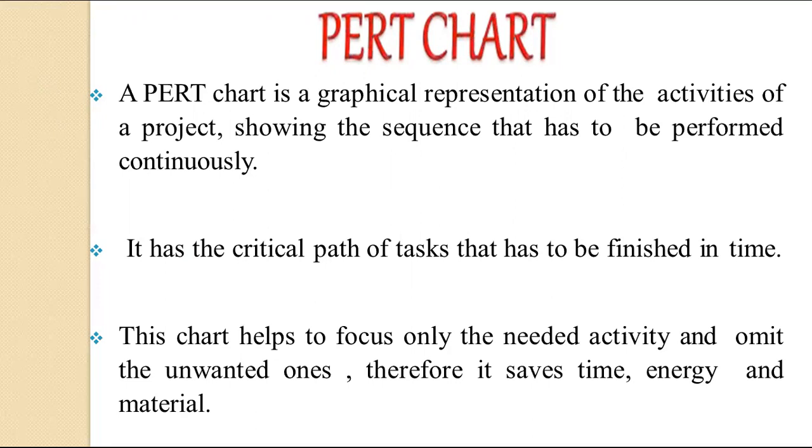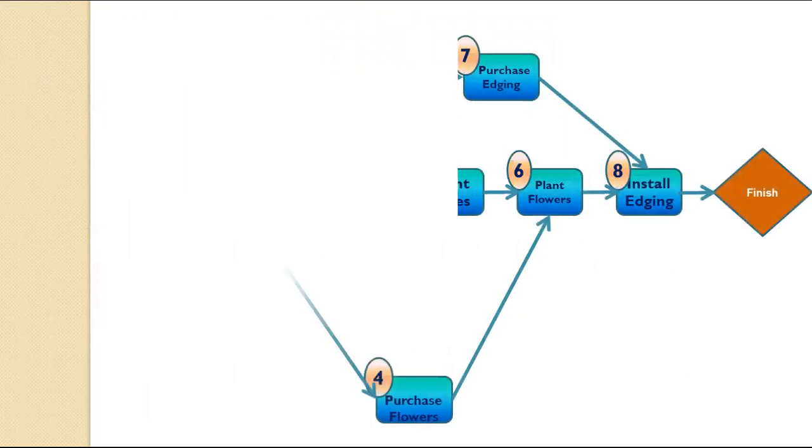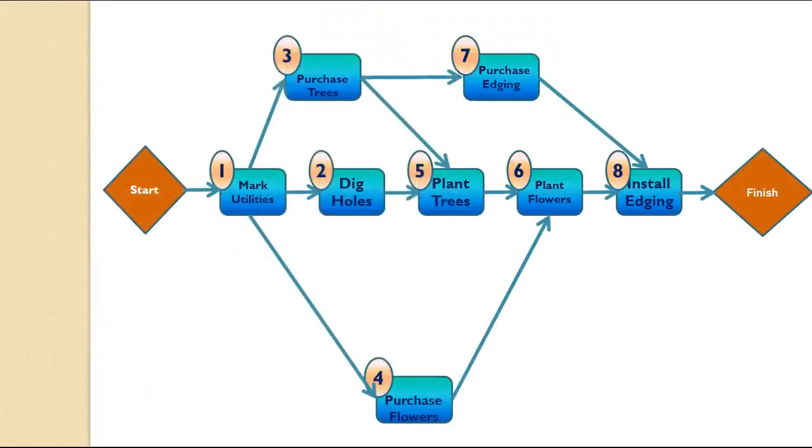So here we can see a graph where the PERT, that is the sequence of activities of the project, are being represented. So here this picture shows the sequence that has to be performed continuously from starting to the finish.